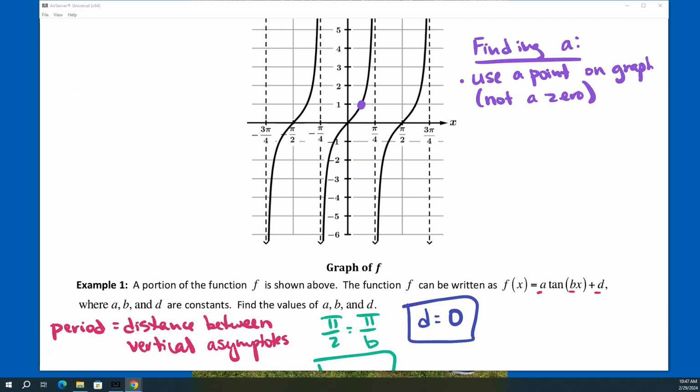All right, so I'm going to use that point right there. And that's going to fall halfway in between the 0 and the asymptote. So that's going to fall at pi over 8. So our point we're going to use is pi over 8, 1.